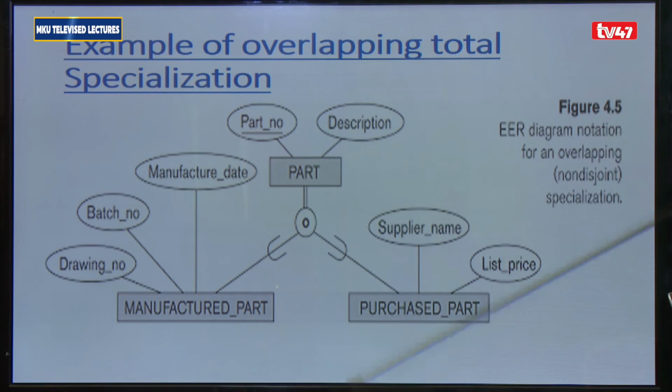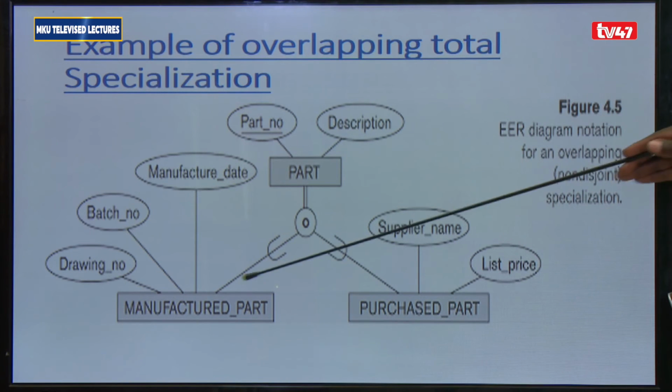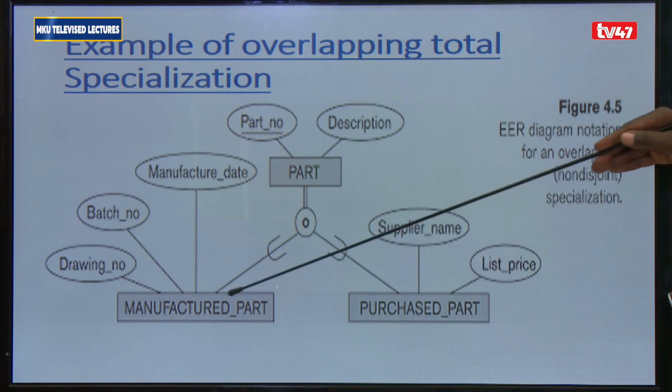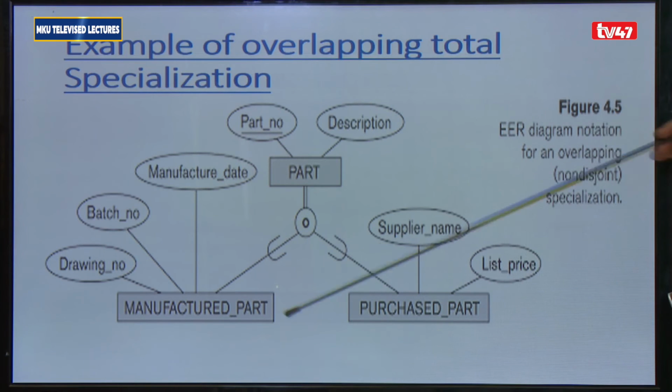So it means that any part in this particular database is either manufactured or purchased. And it cannot just be a part. It must belong to one or more of these subclasses.